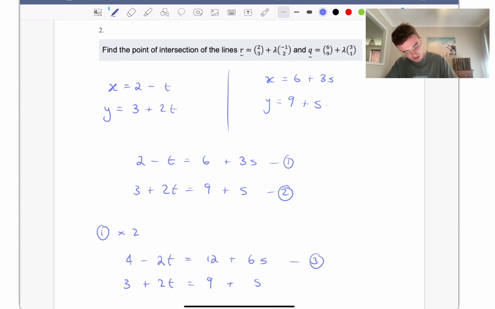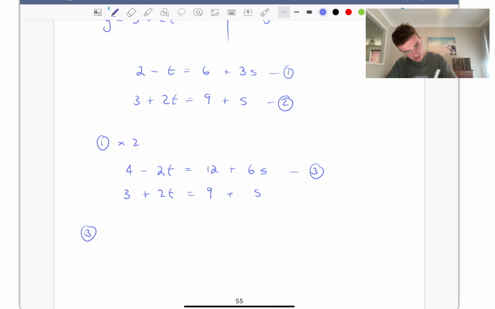Let's of course add these equations. 4 plus 3 is equal to 7, is equal to 12 plus 9 is 21, plus 7s. So what's that? 7 minus 21 is minus 14, divided by 7. S is equal to minus 2.